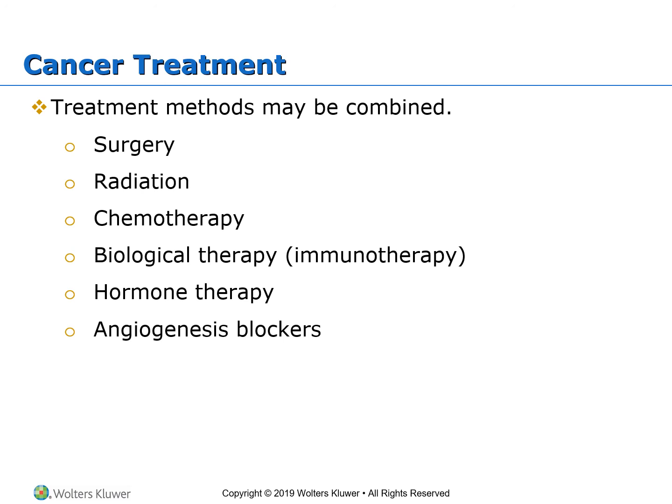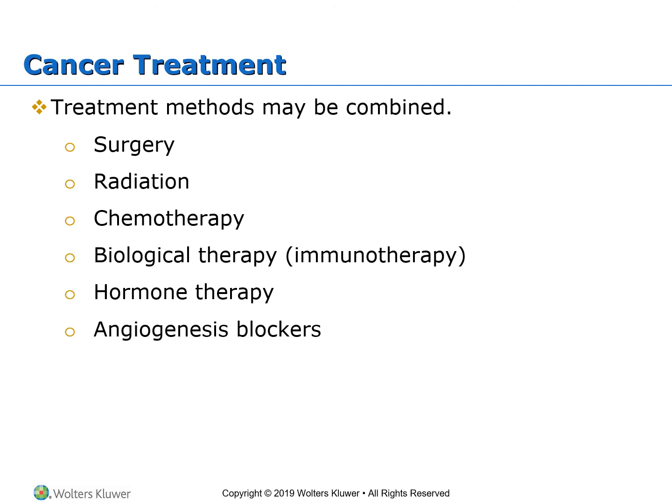In most of them, nowadays, we are adding what is called biological therapy or immunotherapy that will either increase or decrease the immune response of the body, depending on the type of the cancer and what is the result that we are looking for. We also have hormonal therapy for some types of cancers, especially blocking certain receptors and trying to prevent the recurrence of the disease, as we do in some breast cancer patients.